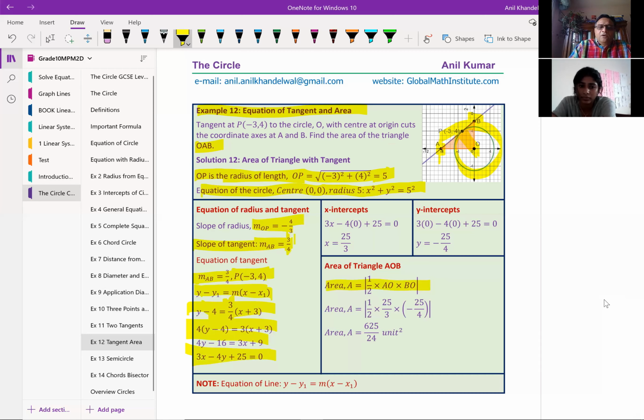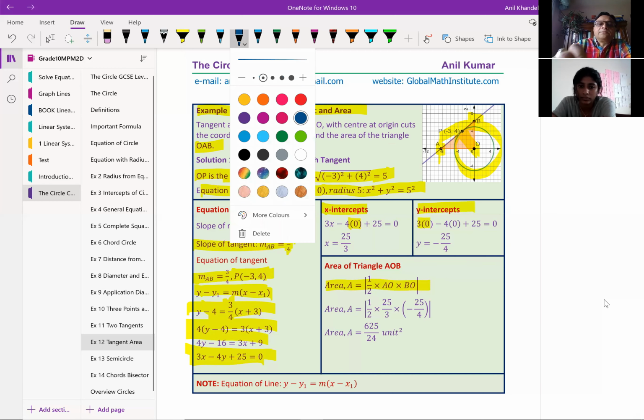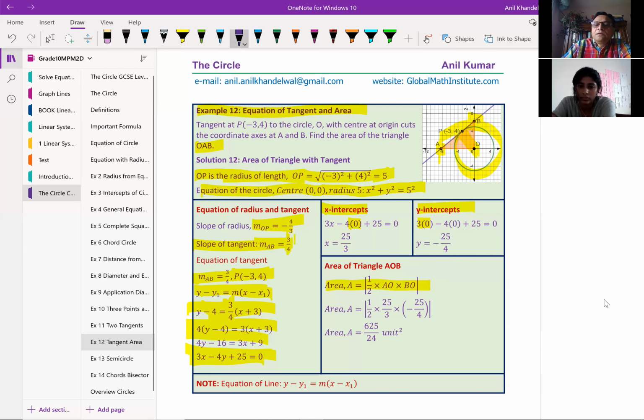Once you have the equation, find the x and y intercepts by substituting y equals 0 and x equals 0. Get your answer, right? I substituted both 0 here. Let me make a correction. This should be y, correct? Then you get the y value and the x value.